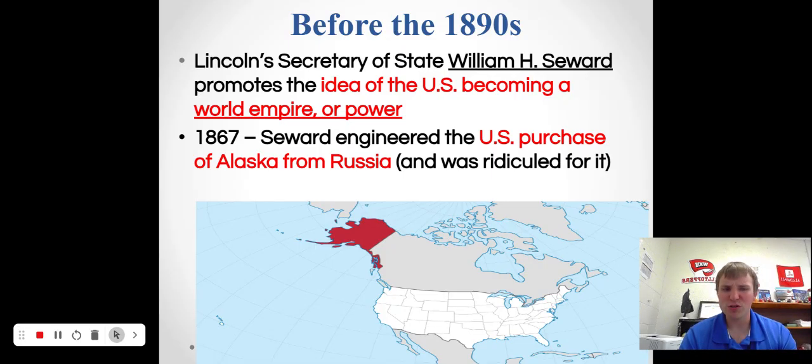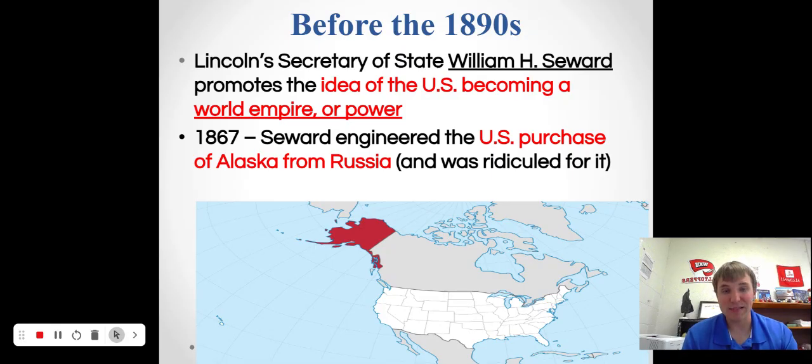But there starts to become this idea by several high up in the government that the United States can really start to compete as a world power. We have industrial might, we have a surplus of natural resources, we have all this land. And one man that really envisioned this was Secretary of State William Seward. He had this idea that the United States could become an empire, that we could have a ton of influence around the world.